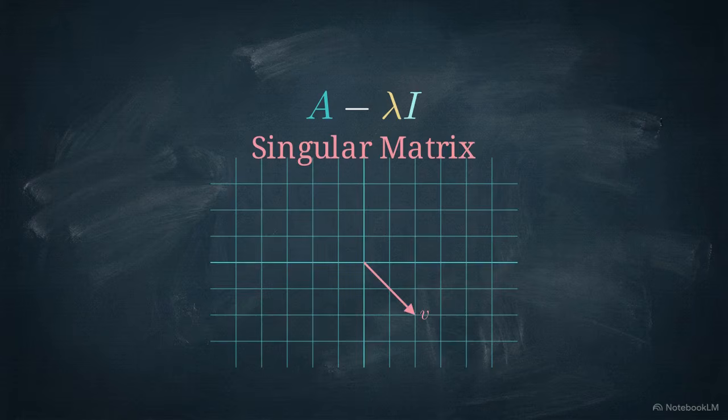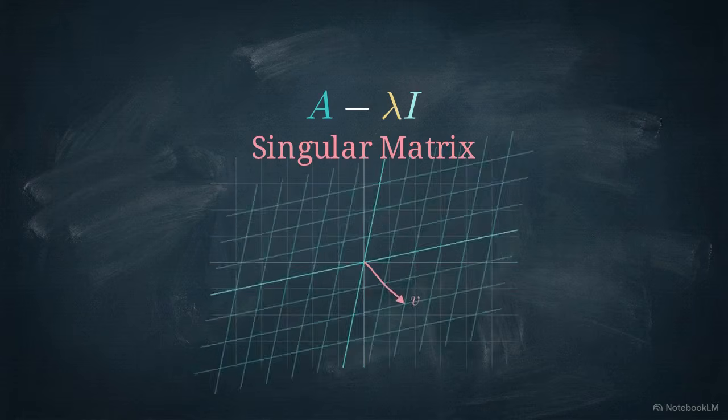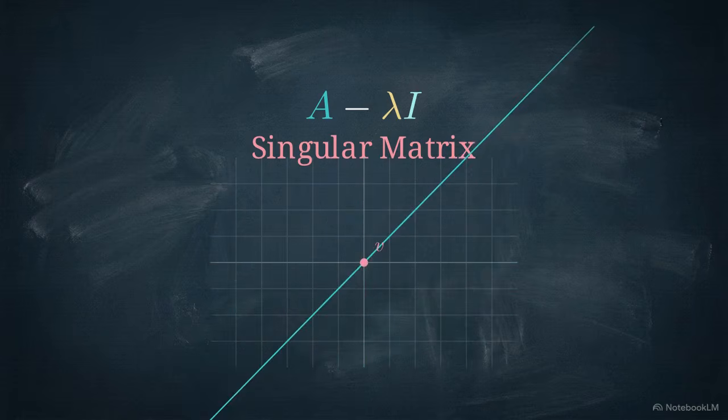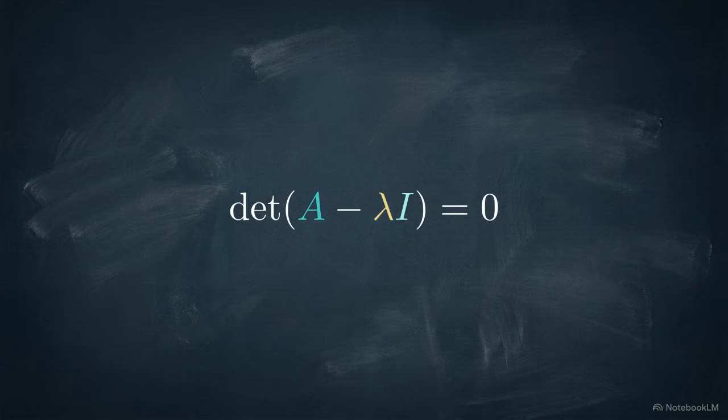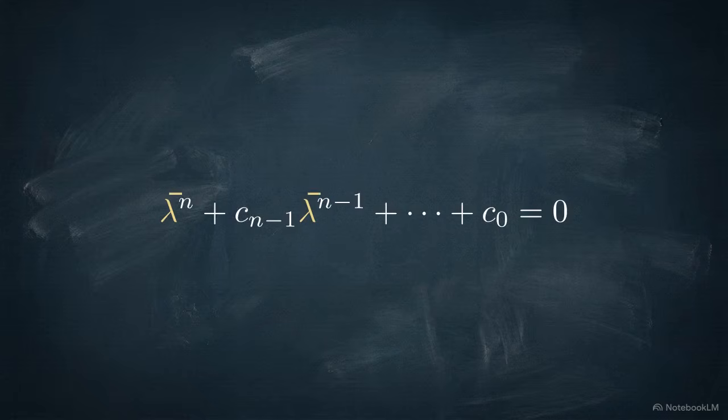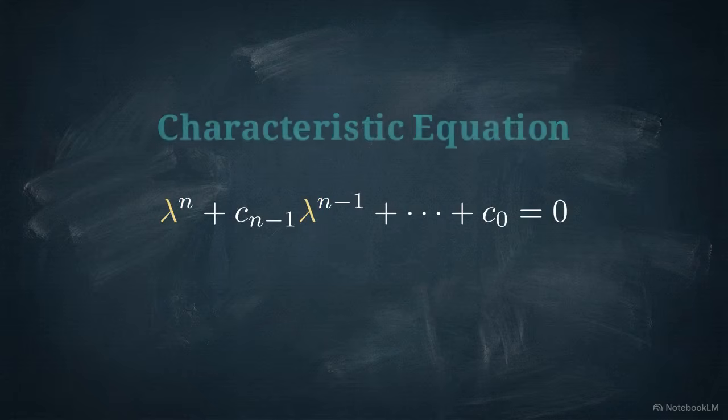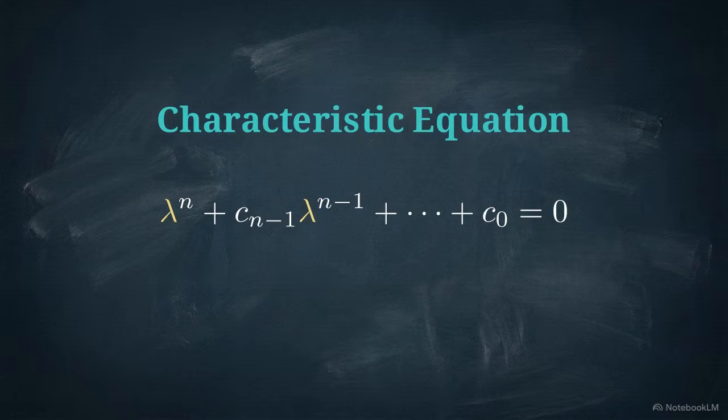Now we can factor out the vector v, leaving us with the matrix A minus lambda I multiplied by v equals 0. For the vector v to be a non-zero direction, this new shifted matrix, A minus lambda I, must be singular. It must squash the coordinate space down to a lower dimension. A matrix is singular if its determinant equals 0. Setting the determinant of A minus lambda I to 0 creates a polynomial equation where the variable is lambda.